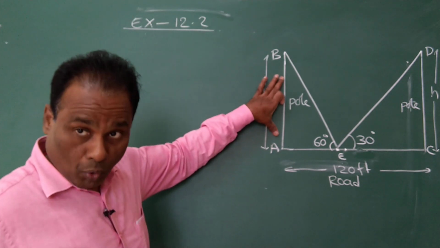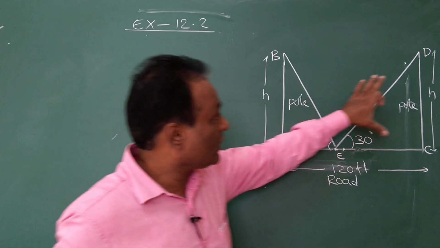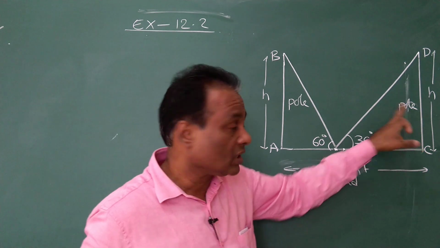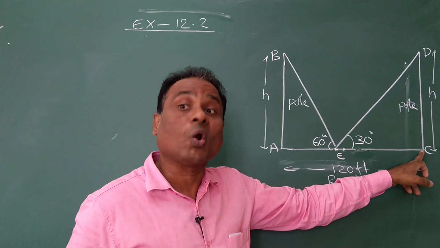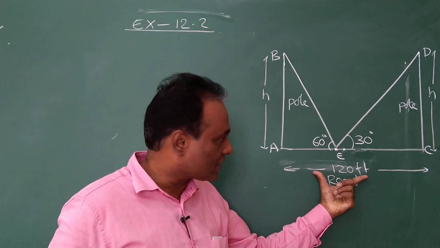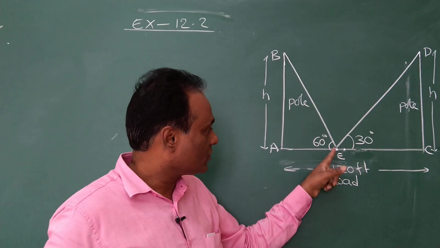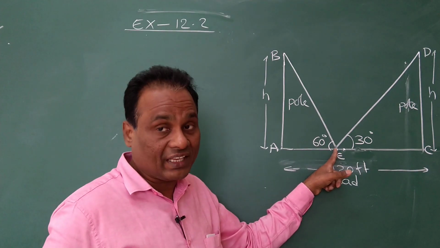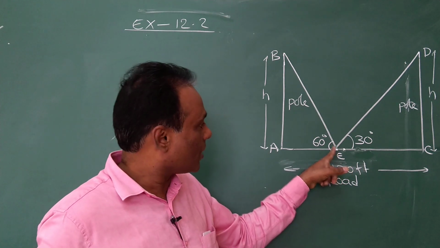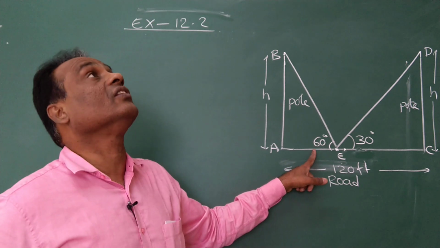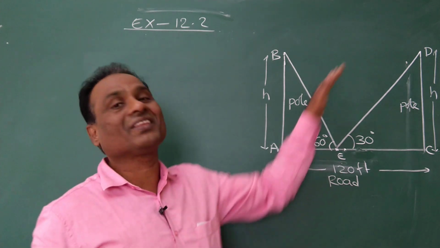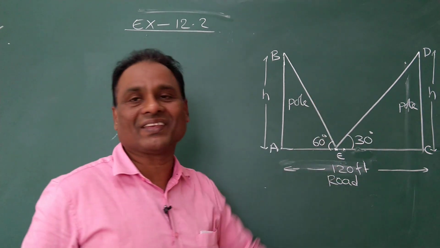AB is a pole, CD is a pole, AC is the road. What is the width of the road? 120 feet. This is the observing point. From here we are standing. We observe the top of this pole, 60 degrees elevation. Same point we observe the second pole, 30 degrees elevation.